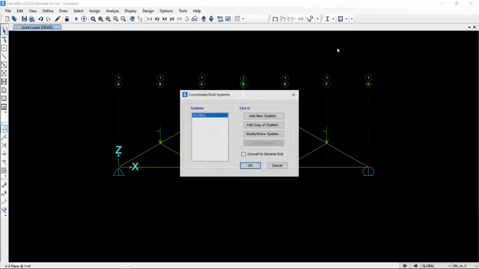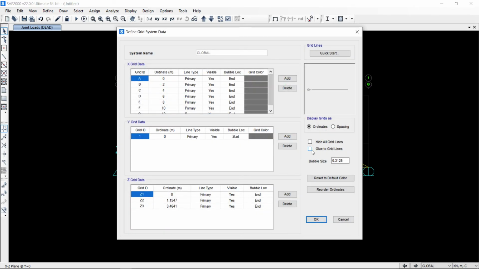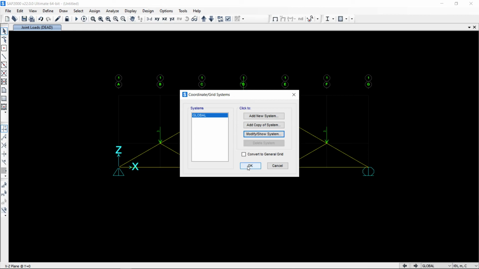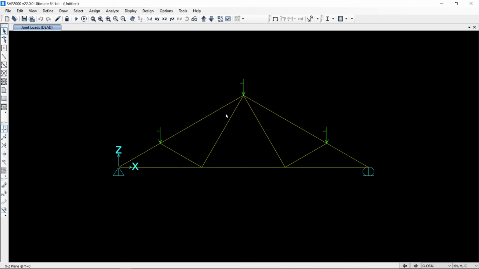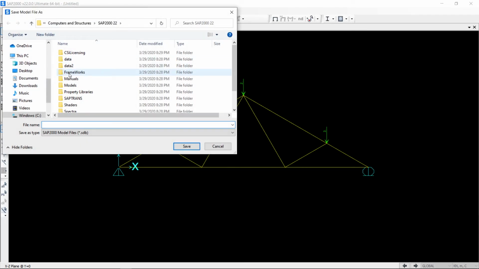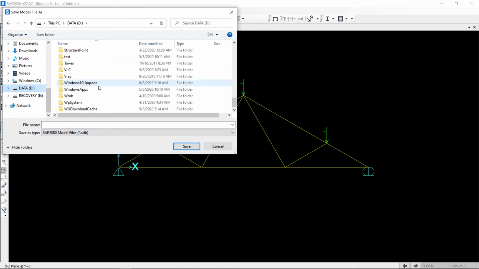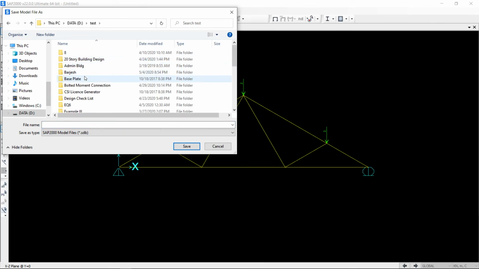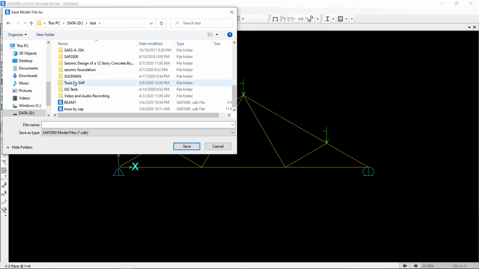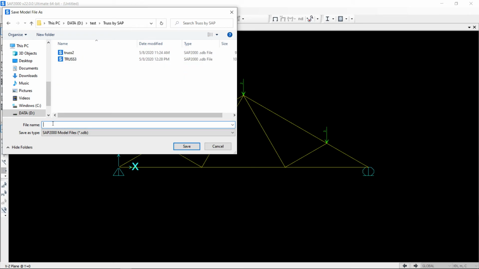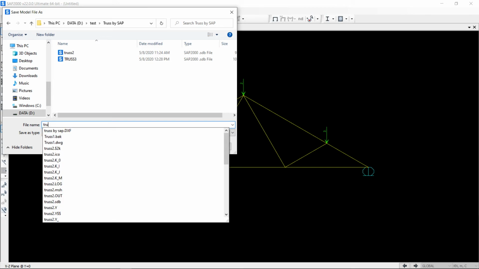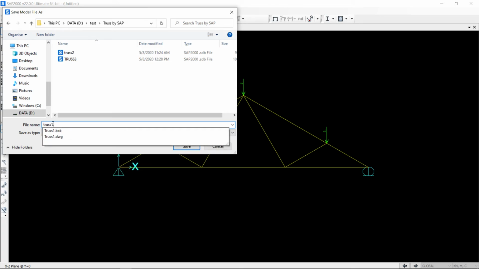We can put the grid off now, that's no more needed. Okay, so grids are gone. Let's save this model. Let it be Truss 1.